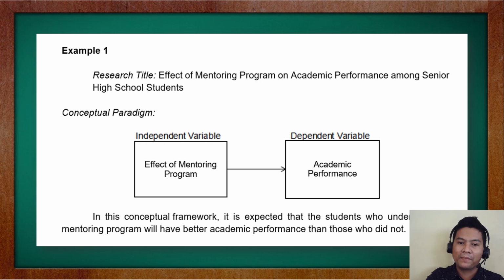The independent variable is the effect of mentoring and the dependent variable is the academic performance. So in this picture, you will notice that the mentoring program has a direct effect on academic performance. So this is the research paradigm of this research.